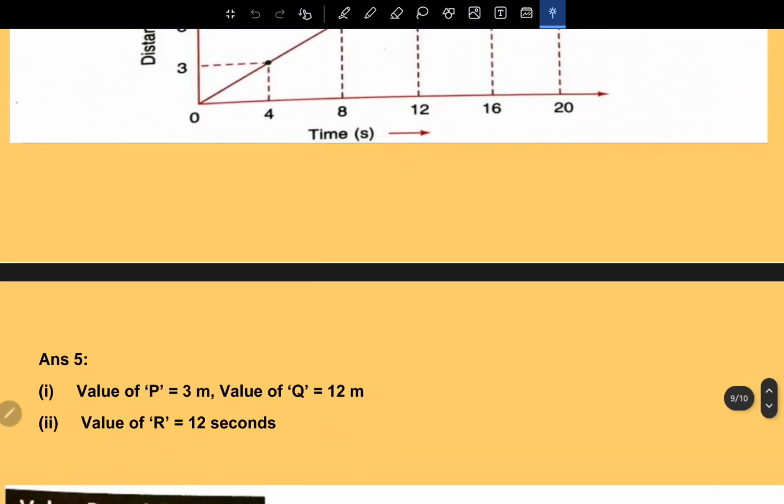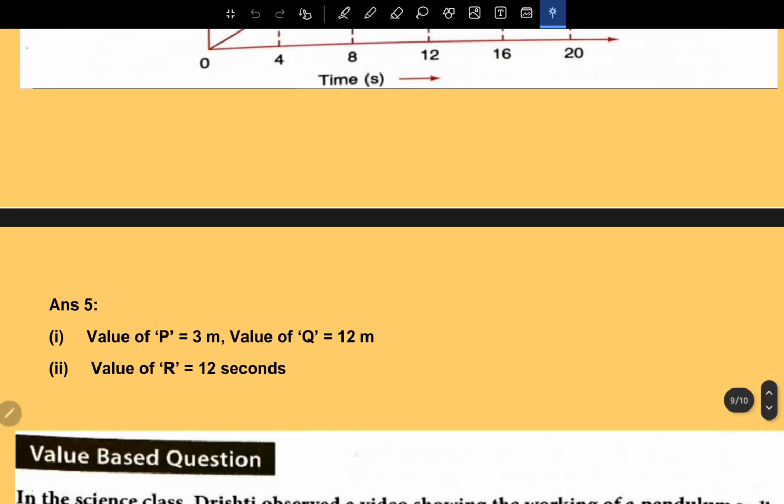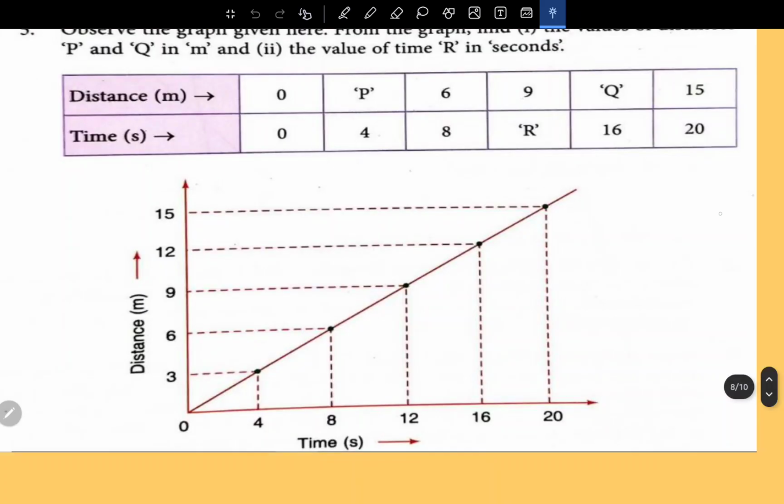So let's see how it has been done. So value of P is 3 meter and Q is 12 meter and value of R is 12 seconds. Here you can see R. So here R is 9. So this is 12 seconds.